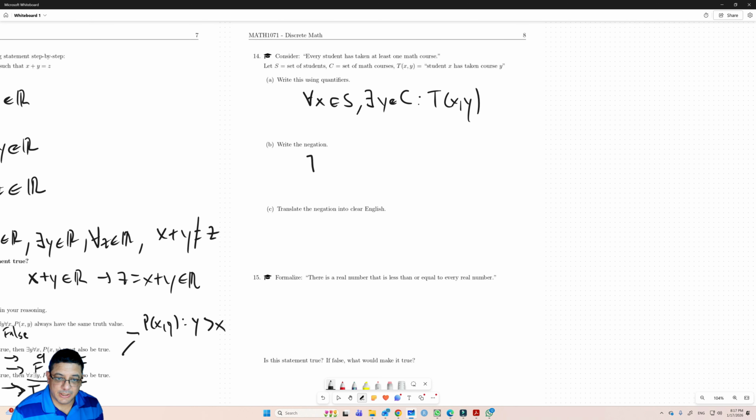The negation will be: there exists x that belongs to S, for all courses y, so that negation of T of x y.